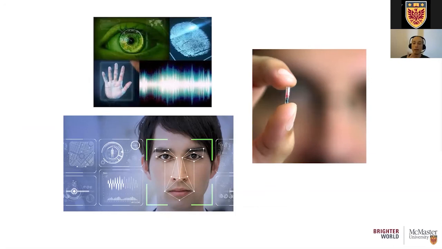You can do it by the footprint or the way they talk, maybe by the imprint of their eye, the iris or cornea. You can do face recognition, and you can even implant little things under the skin, which allow you to know exactly who that person is, right? So we have all this stuff that is already there. We also have the phone, which is pretty much a moving passport that everybody has nowadays.